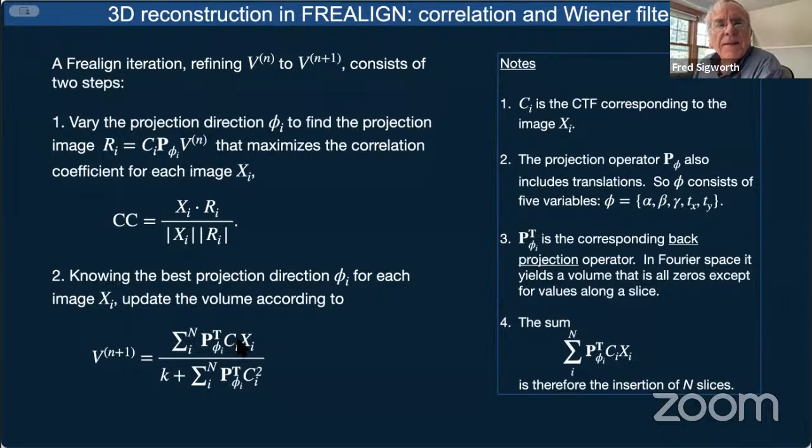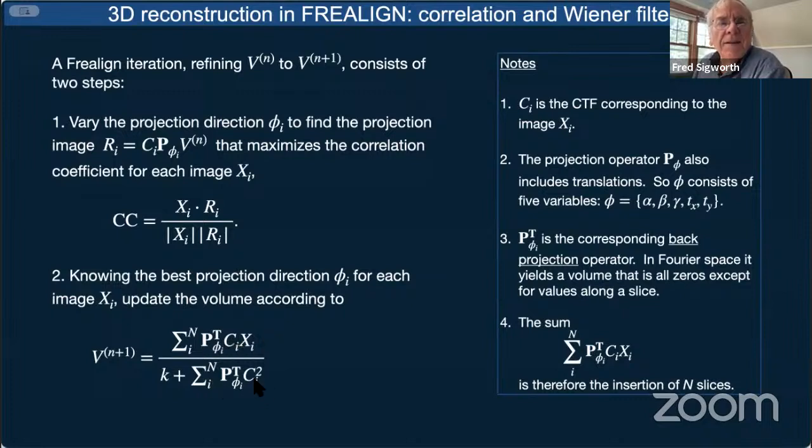We multiply by the CTF. Remember, that's just like the Wiener filter. We do a slice insertion, that's what this P transpose operator is, into a 3D volume, and we sum this over all of the images and all of the projection directions. So this is doing the 3D slice insertion to get some kind of 3D volume.